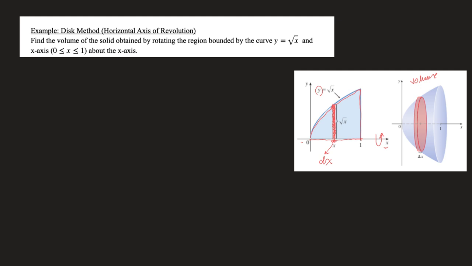So the disk method says the volume is the integral, with x values from 0 to 1, of pi r squared, where r is the square root of x, so square root of x squared, times the base dx. That's how you set up the volume, from 0 to 1.